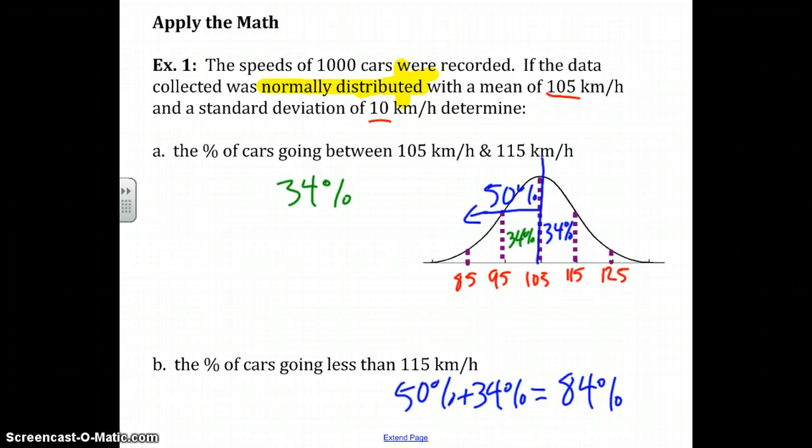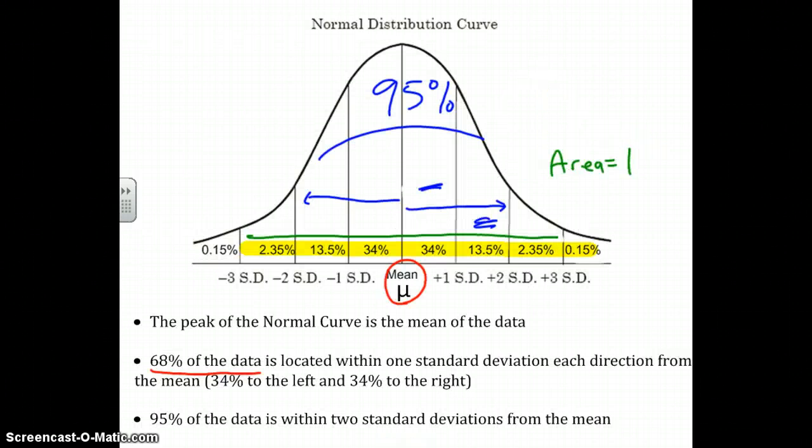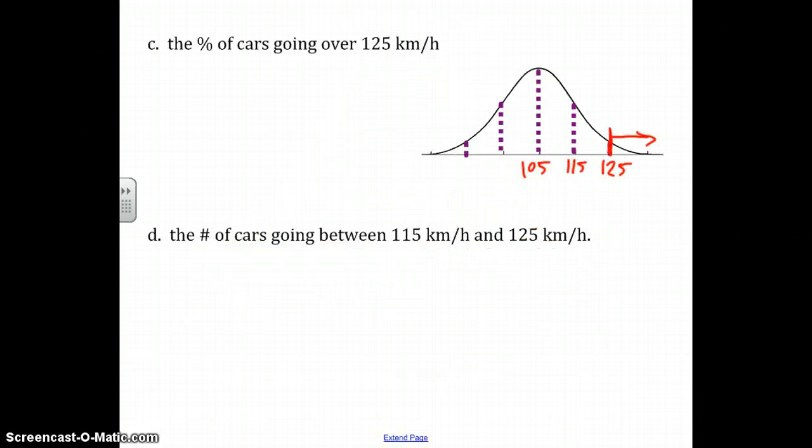Okay, looking at part C, the percent of cars going over 125. Again I'm just going to quickly relabel this. This is 105, 115, 125. So the percent of cars going over 125, that's from 2 standard deviations and above. So going back to the normal curve here, 2 standard deviations is this line here. Everything above we've got 2.35% and 0.15%.